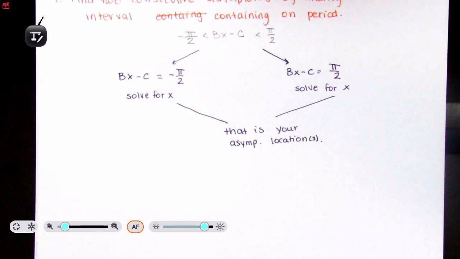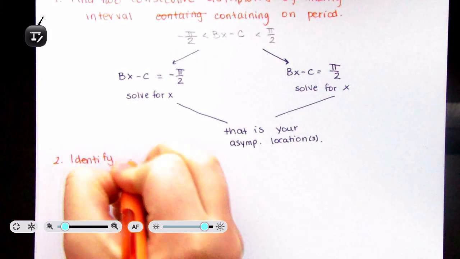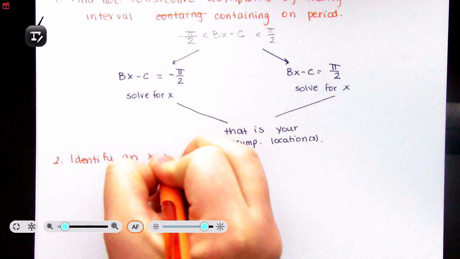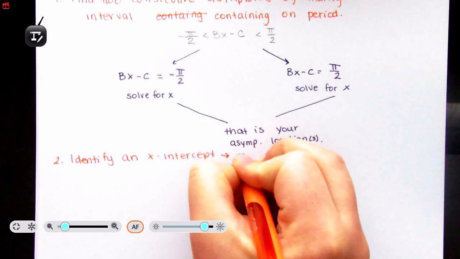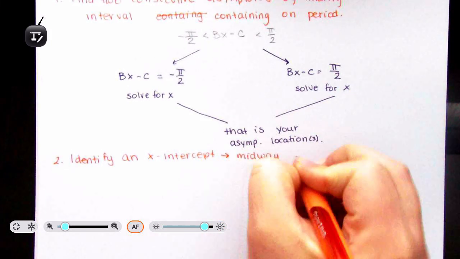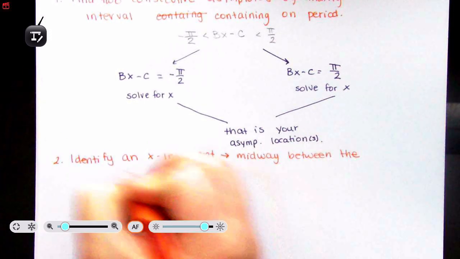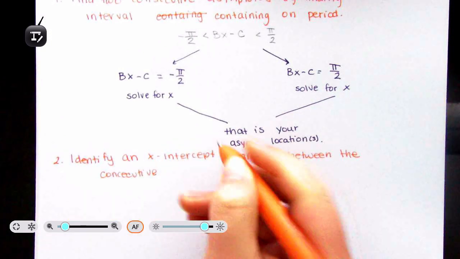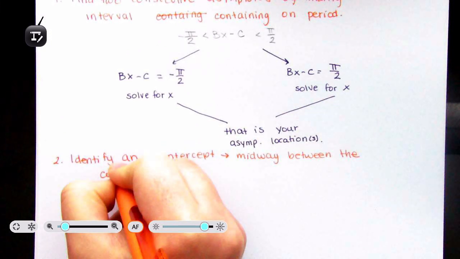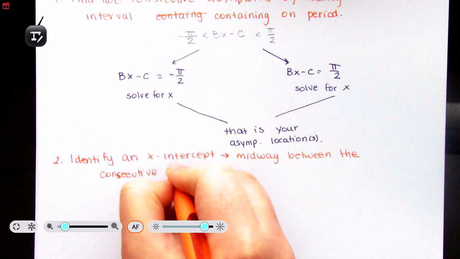Step number 2 is identify an X-intercept, and that is midway between the consecutive asymptotes.